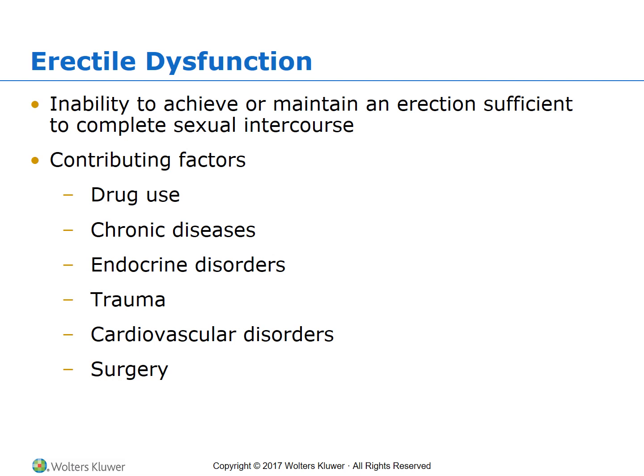Trauma can be spinal cord injury. Cardiovascular disorder. Number 1 is stroke. Heart disease disorders, inadequate vascularization. And surgery may be related to a prostatectomy, an ileostomy, or a colostomy.